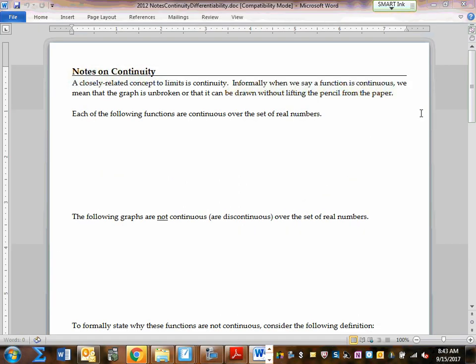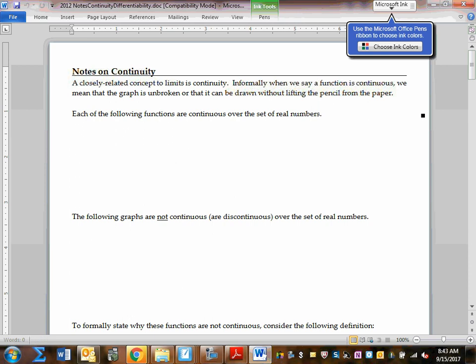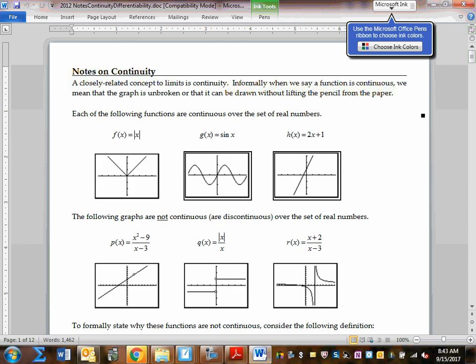Alright, I want you to go ahead and identify which of these are differentiable, which ones are not, and if they are not, state why.